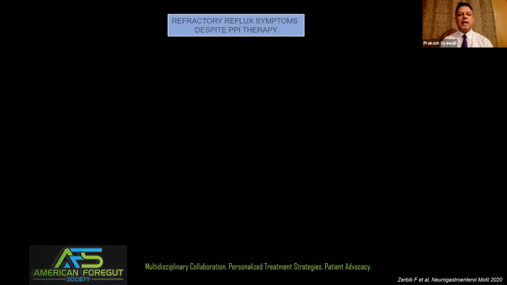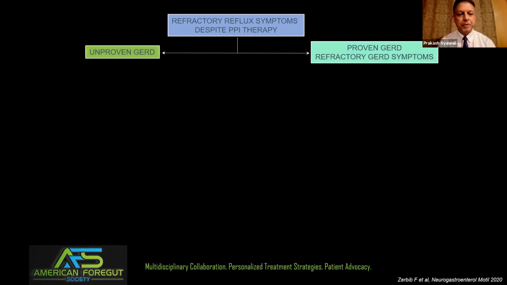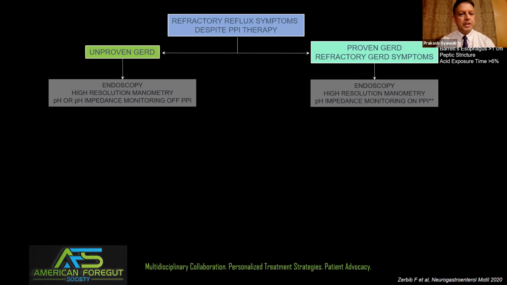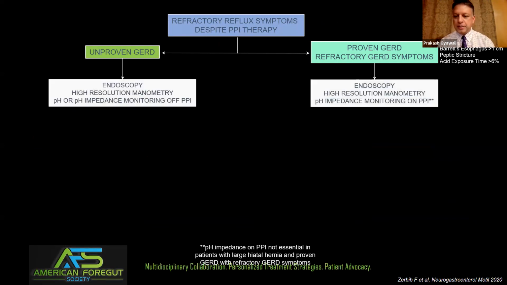Okay, so now you have your patient who has refractory symptoms despite PPI therapy. We've talked about how you can segregate these patients into unproven GERD or proven GERD. And if they have proven GERD, their symptoms by definition are refractory GERD symptoms. They are refractory GERD. This is how you would evaluate these patients.